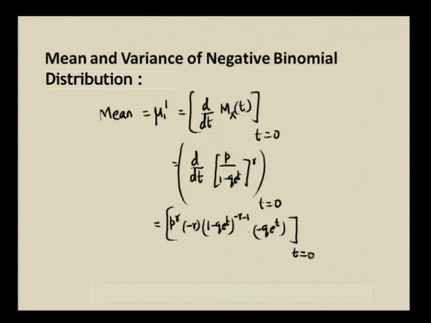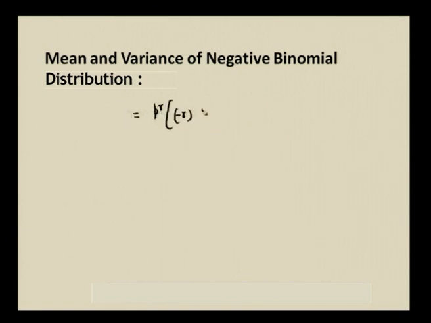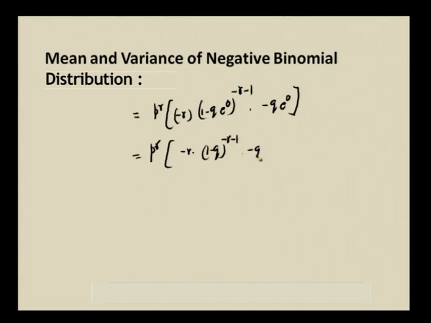Putting t = 0 gives you p^r (−r)(1 − q e^0)^{−r−1} (−q e^0). So, p^r (−r)(1 − q)^{−r−1} (−q).